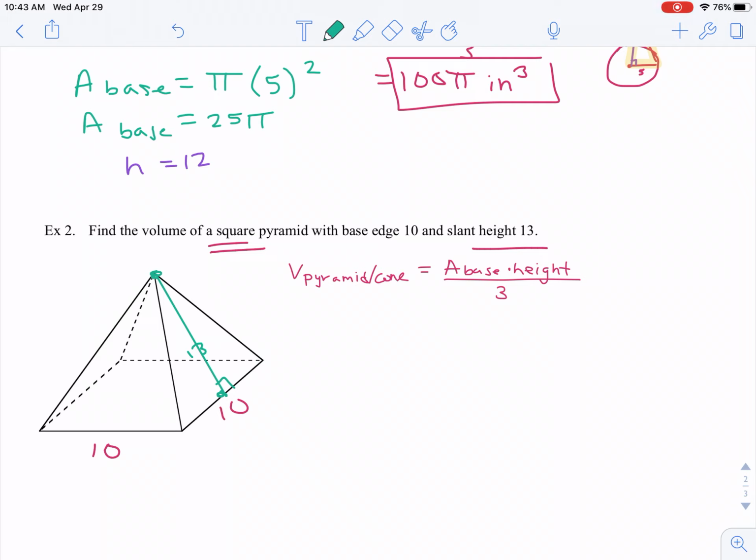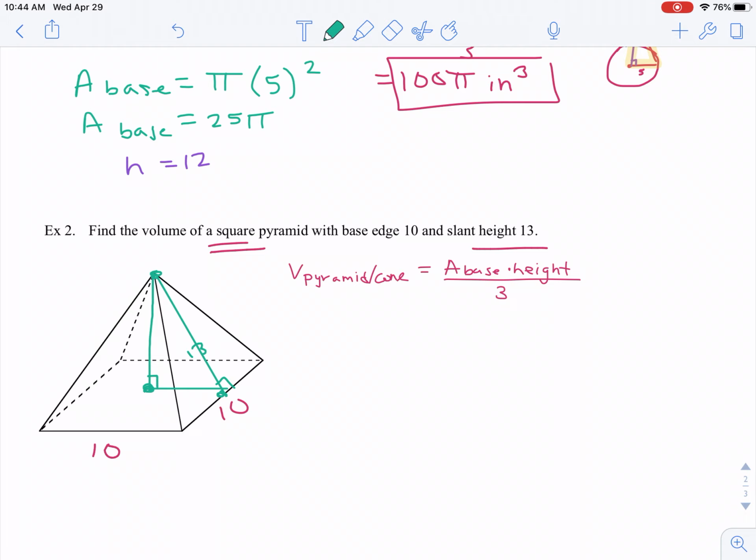Okay, so notice that's not a lateral edge, right? That is different. So this is going from the apex to the center of the base of one of the faces, right? So where can I get a right triangle? Well, if I drop an altitude to the center of the base, and it's perpendicular, then I have a right triangle right here.